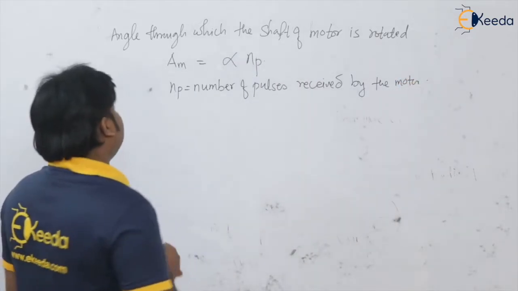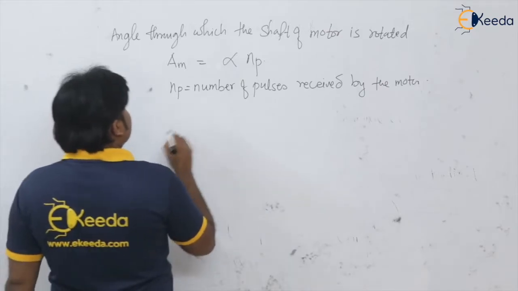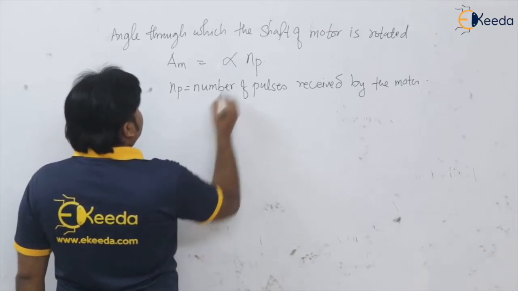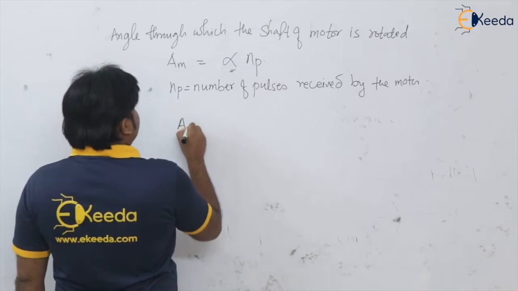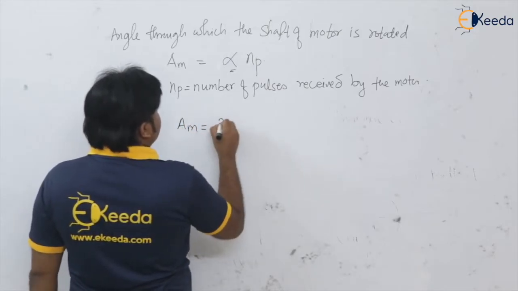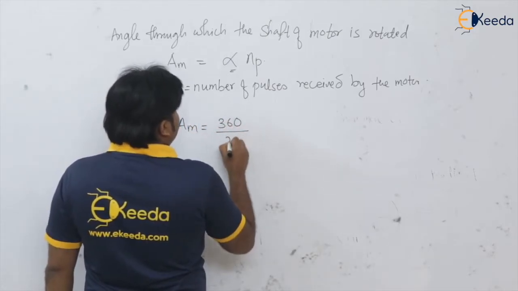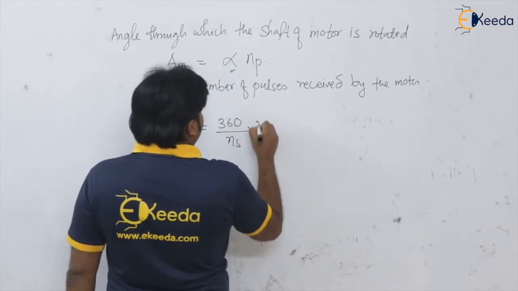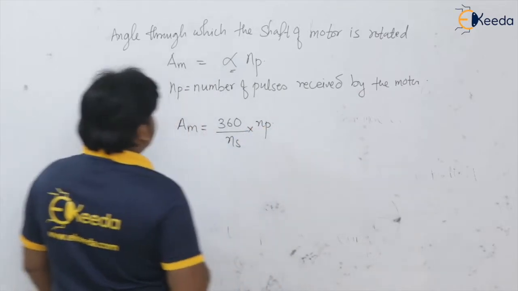Now what can I write here? I can write alpha, so AM is equal to 360 divided by NS into NP, isn't it?